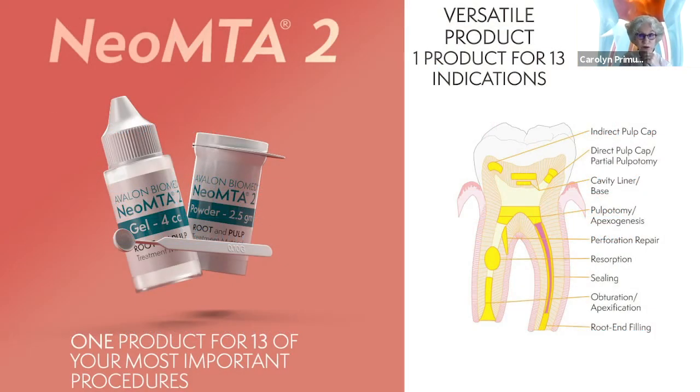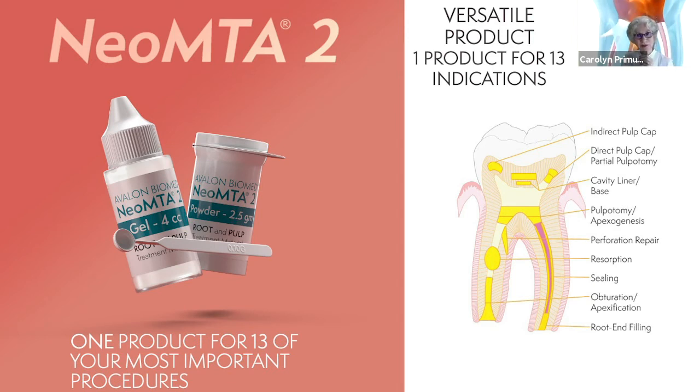I want to spend a minute on versatility of the Neo MTA, which is cleared by the FDA for both pulpal and periapical tissue contact, which leads you to a material that you can use for all these sorts of indications here, which may occur in your practice.